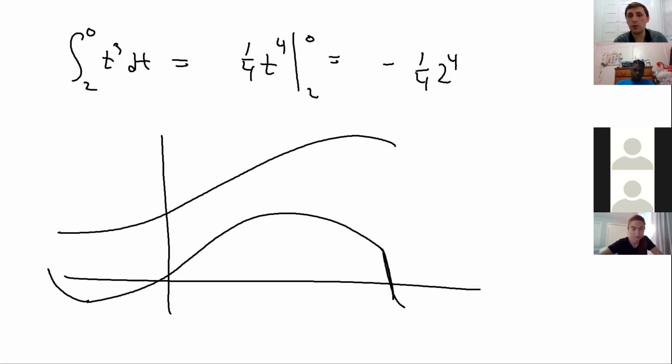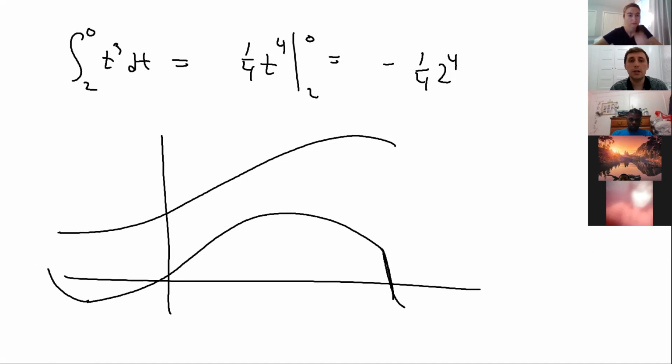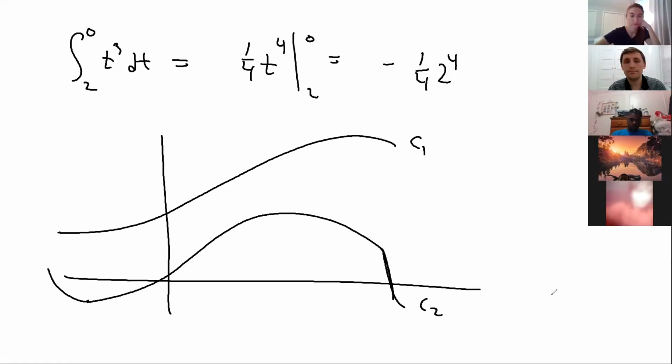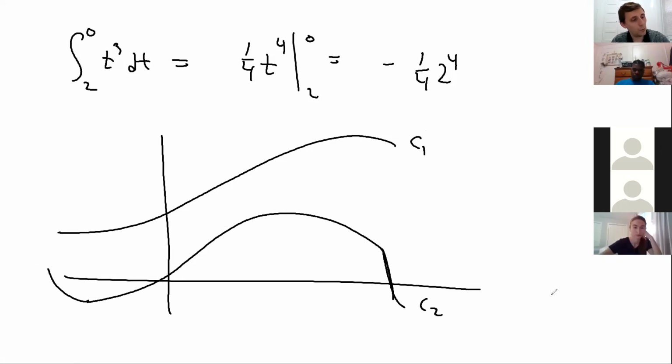Why or why not? So first, do they have the same derivative? So this is curve 1, and this is curve 2. Do they have the same derivative? This might be given by y equals ax, and this is y equals bx.